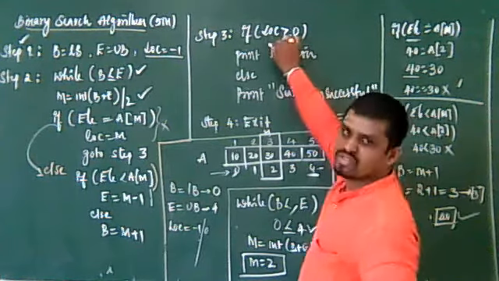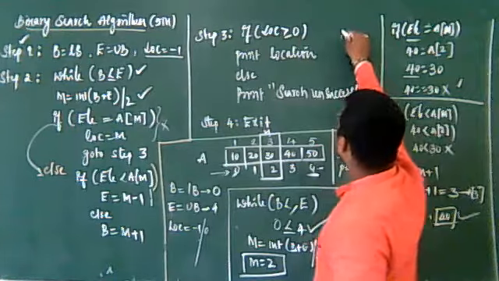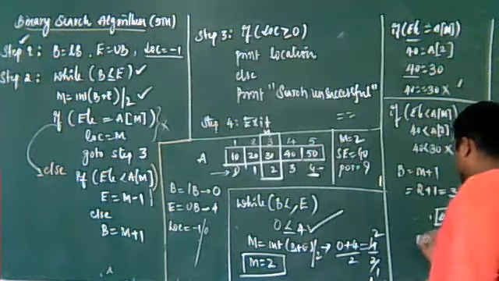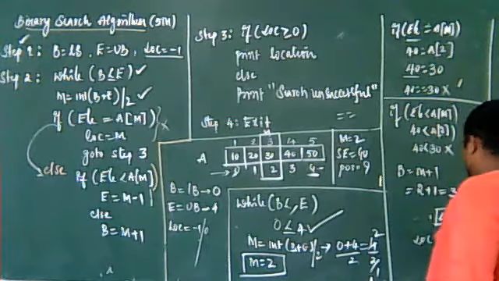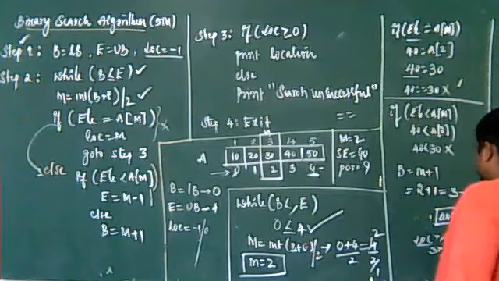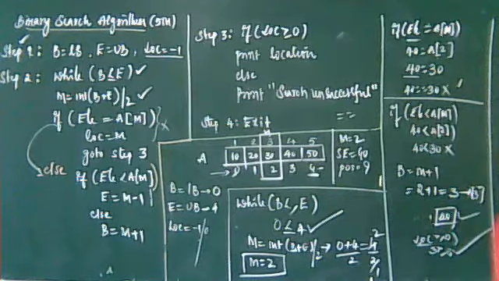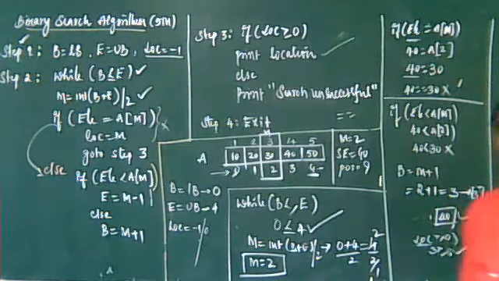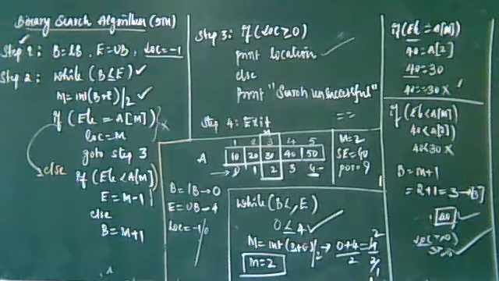The compiler comes to step 3. If location is greater than 0, location is 3. 3 is greater than 0, the condition is true, so the search is successful. We got our location, where exactly 40 is available.